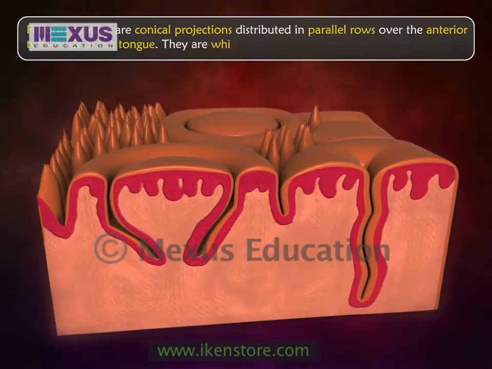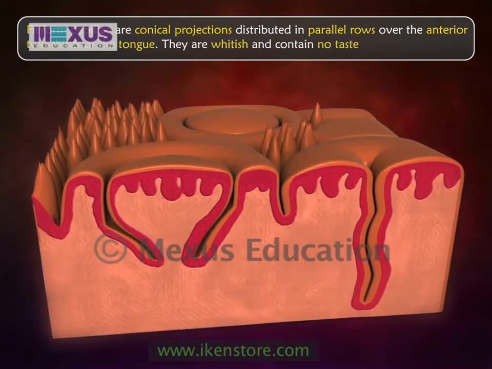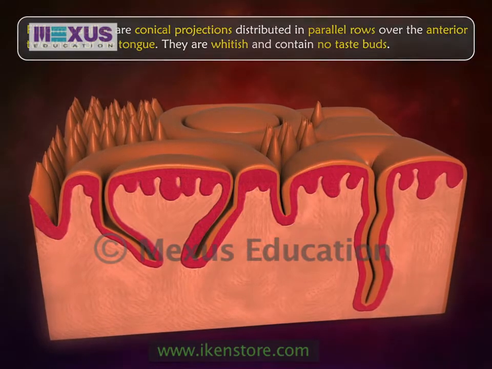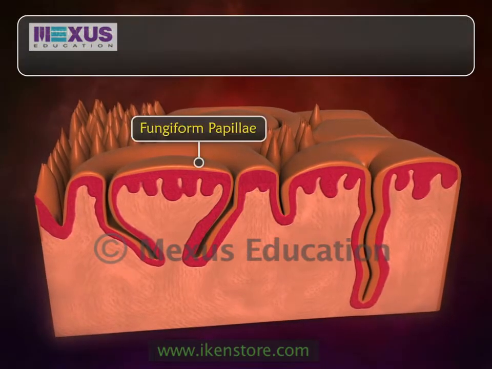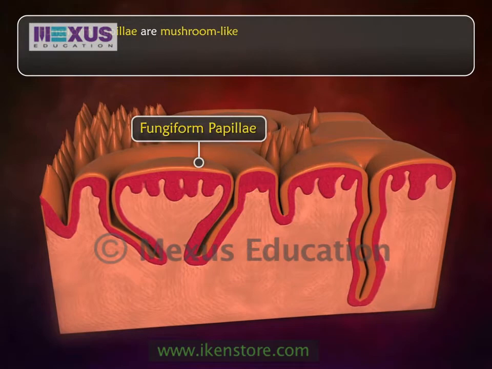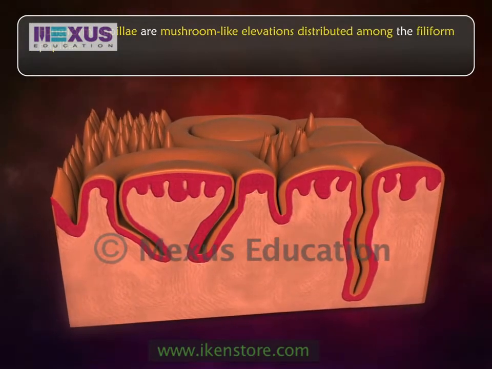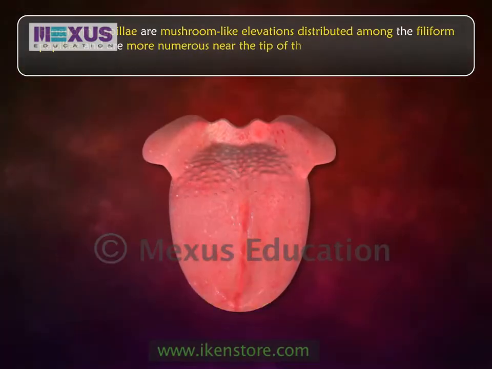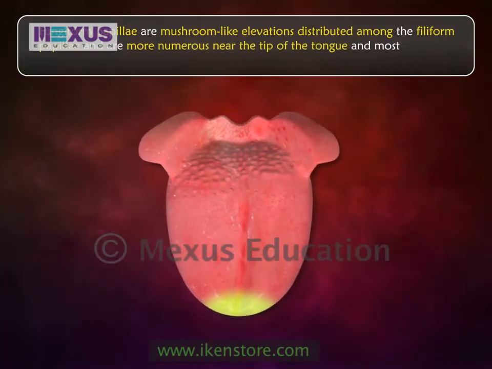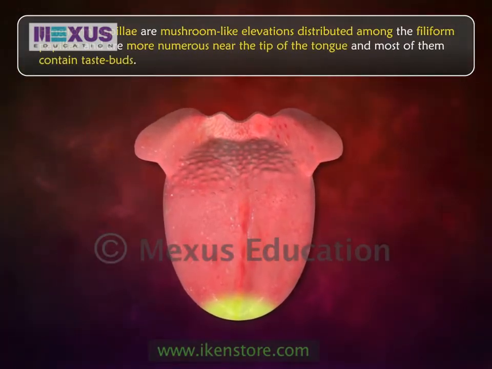They are whitish and contain no taste buds. Fungiform papillae are mushroom-like elevations distributed among the filiform papillae and are more numerous near the tip of the tongue. Most of them contain taste buds.